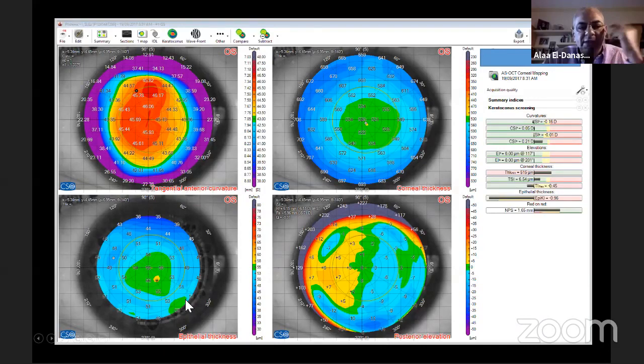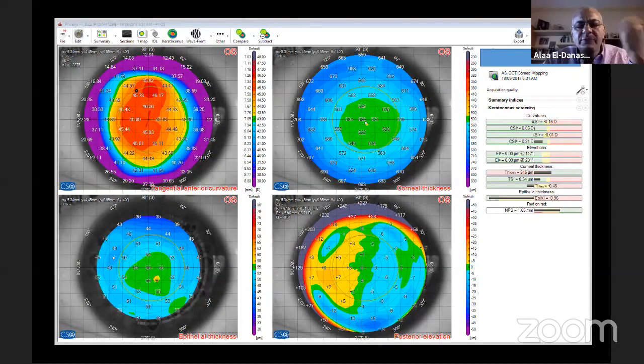So nowadays, these are the four maps that I always look at. Anterior surface with the Placido, which is very accurate and much more accurate than any other way of imaging, and we know this. Corneal thickness map with the OCT, posterior elevation map with the OCT, and the epithelial thickness with high resolution OCT.